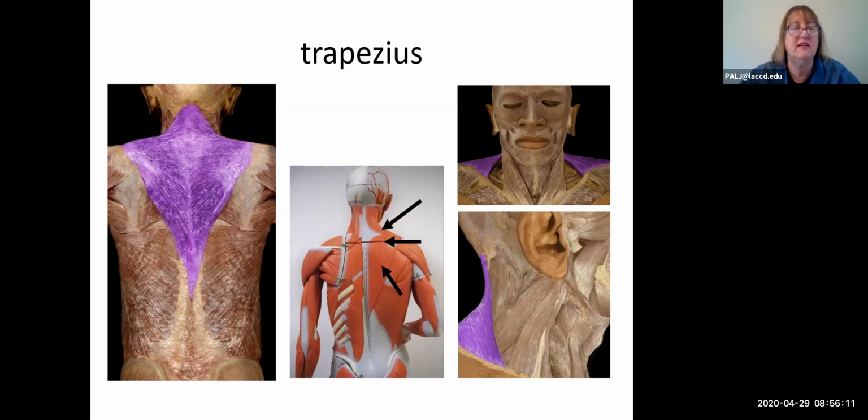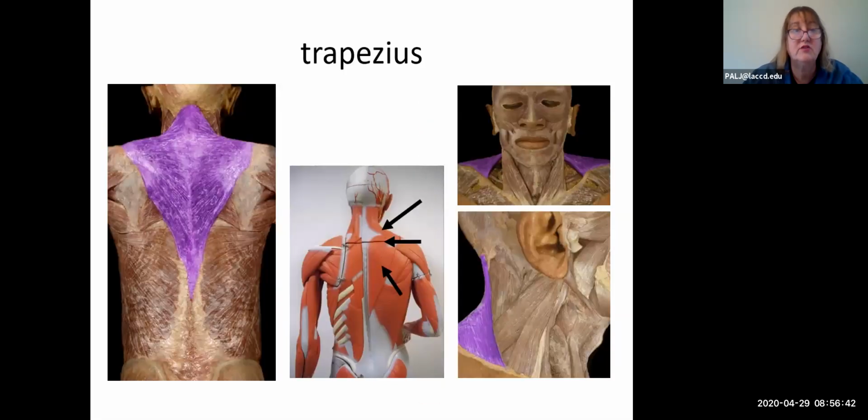If you look on each side, the trapezius is a triangular shaped muscle. Okay. And so when you put both sides together, that's what makes it look diamond shaped. So looking at the trapezius, you can see that its origins start in the posterior occipital area where that external occipital protuberance is, and then will continue down from the spinous processes.